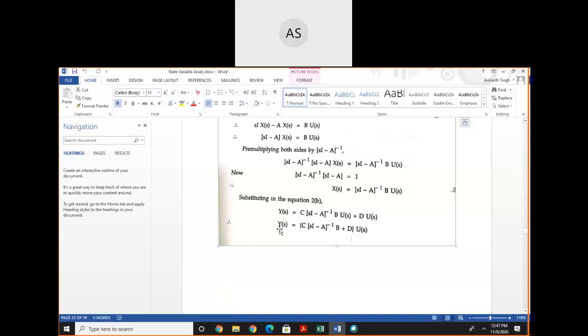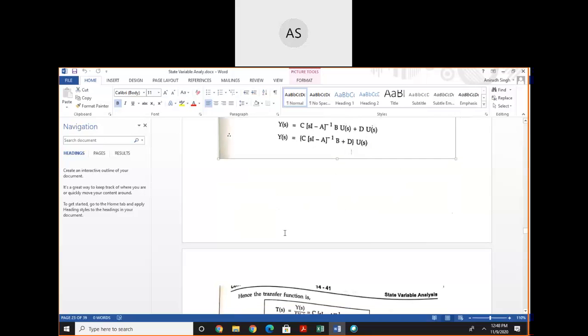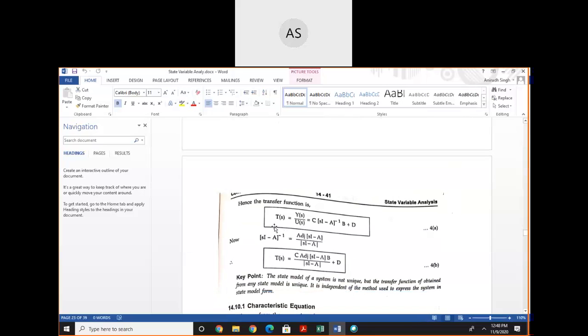So here we get Y of s divided by the input, which is the transfer function. So from the state model we get the value of the transfer function. Transfer function T of s is given by Y of s divided by U of s is equal to C inverse of sI minus A multiplied by B plus D. Clear?